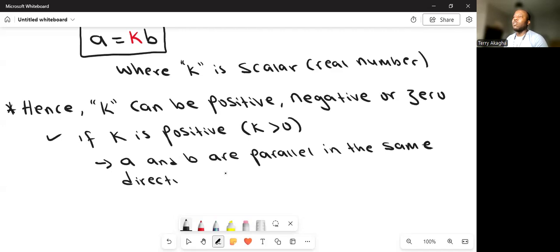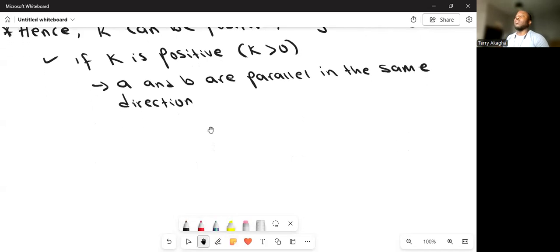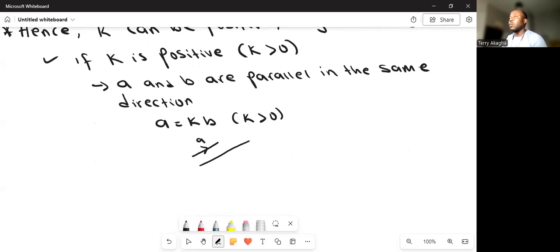So that means if you have A is equal to KB, and K is greater than 0, then A is in this direction and B is also here. So A and B are parallel in the same direction.